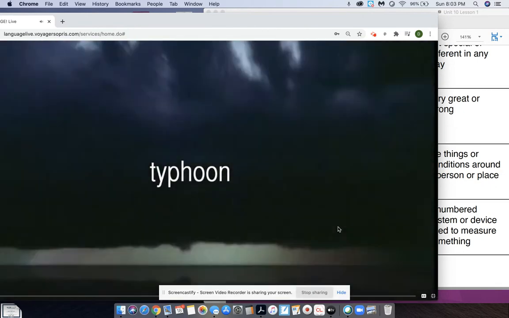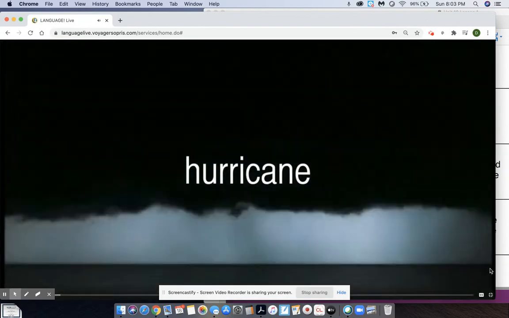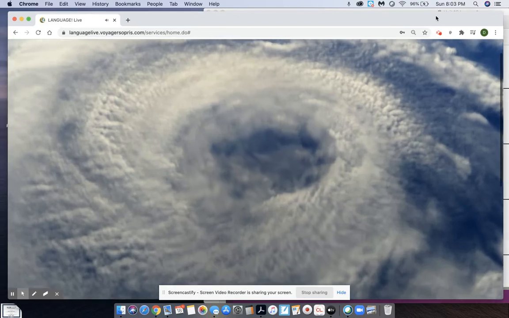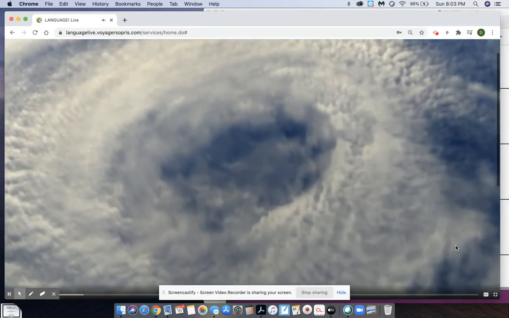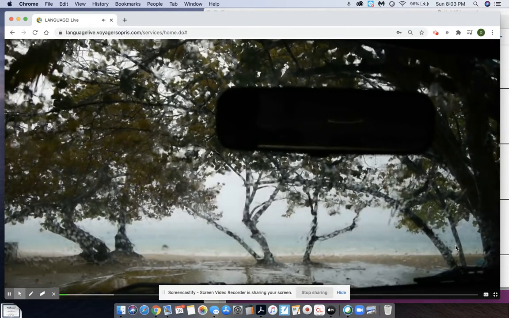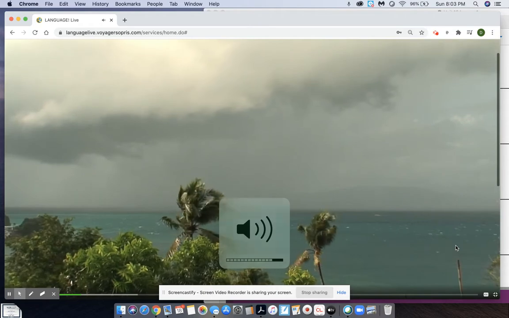Typhoon, cyclone, hurricane. These are names from different regions of the earth, but all referring to the same whirling mass of waterlogged air. A few clouds and raindrops over the ocean can turn into something very, very big.